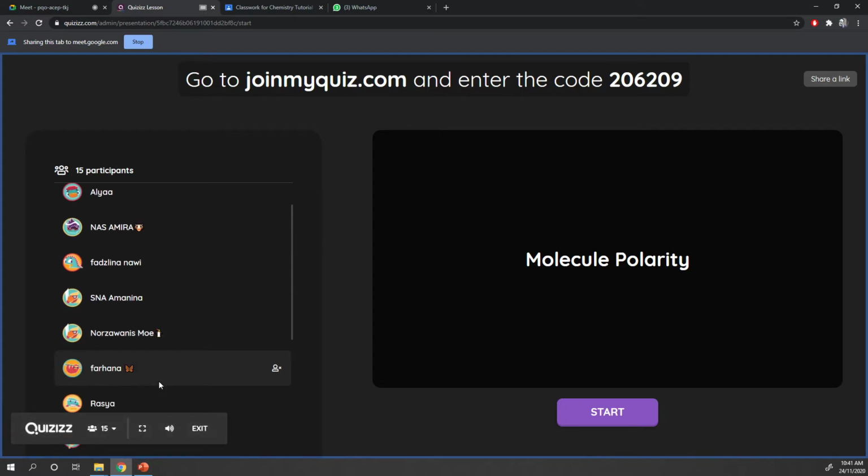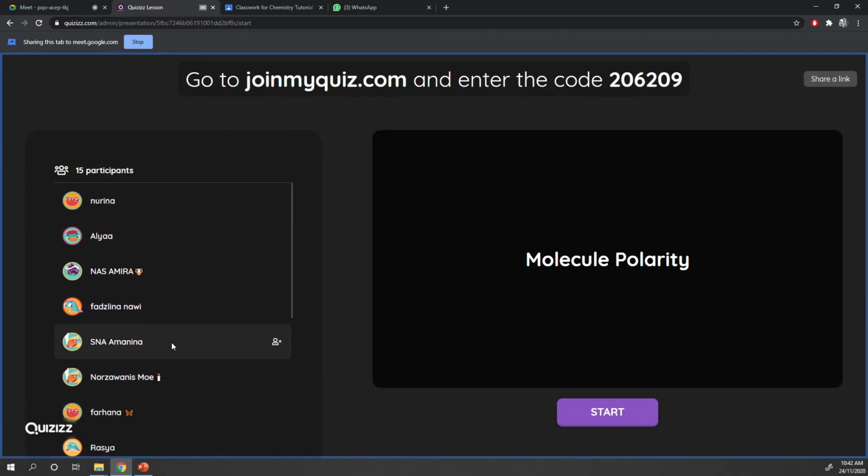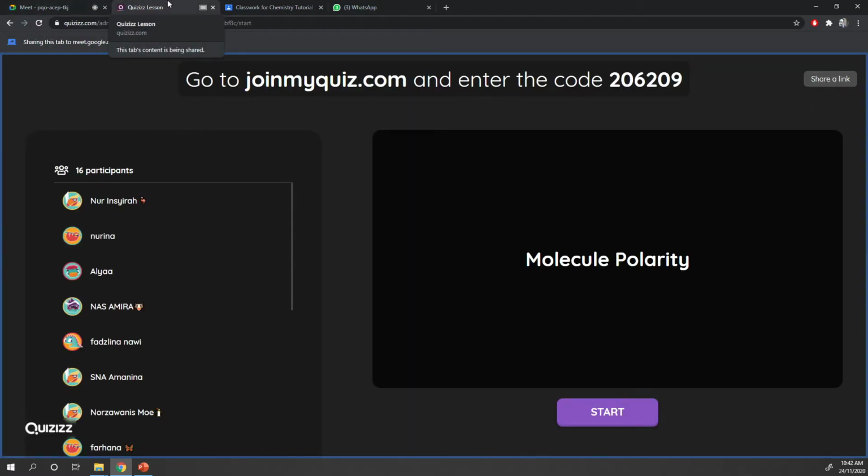It's cute, you guys can put emoji in your name. I don't know how to do it either. 15 people, 16 people. So the other two, if you can't join, let me know. Because I'm going to start the quiz. So get ready, and later we will discuss what we find the most difficult. I'll start the quiz.